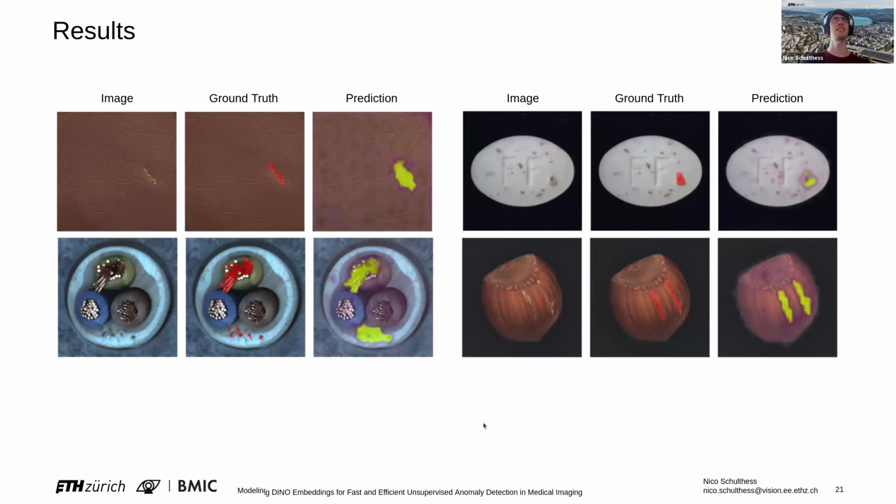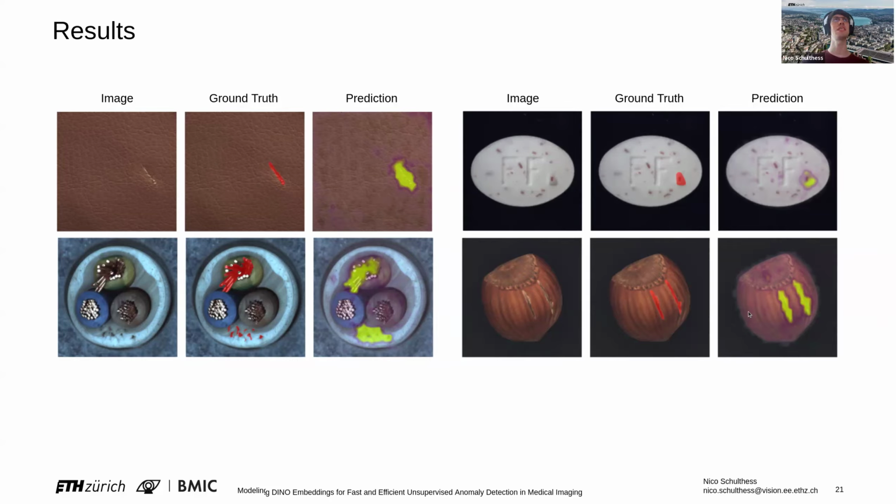When you look at the results, you can see that most of the anomalies are captured by AnomalyDINO. So even these small defects in the cable insulation here are captured, or also these small cracks in the hazelnut, or this protrusion in this pill is also captured quite well.